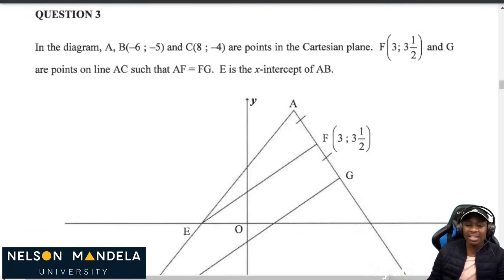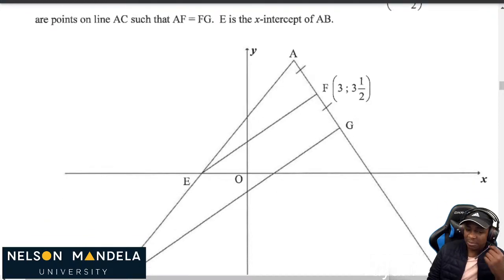Analyzing your question just by reading, you are given that AF is equal to FG, which means they meet at point F, which means that's the midpoint. Okay, and E is the x-intercept of AB. So if it's the x-intercept of AB, which means the y value of point E is equal to 0. So that's how you analyze your question.